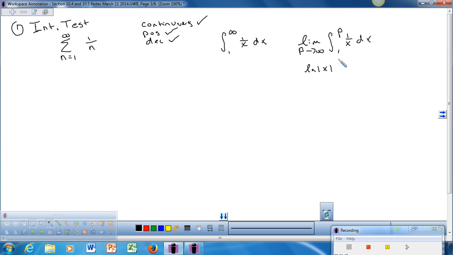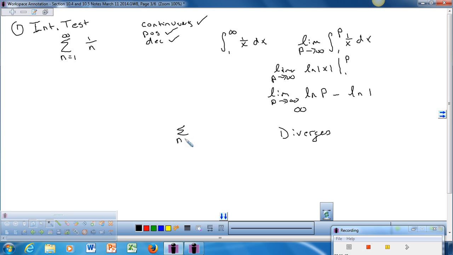To be evaluated between 1 and p, with our limit out in front as p goes to infinity. Now we evaluate the limit as p goes to infinity of natural log of p minus natural log of 1. And what happens? It goes to infinity. This one diverges. So this series diverges. Done.